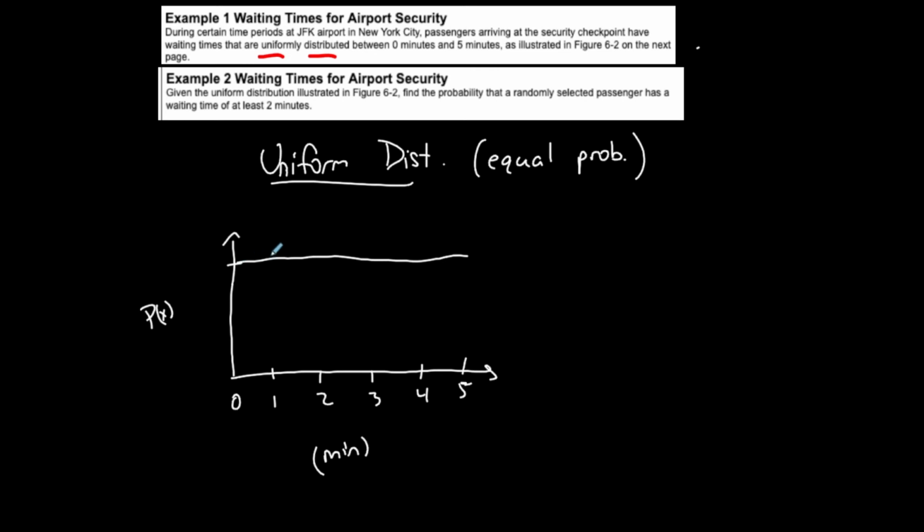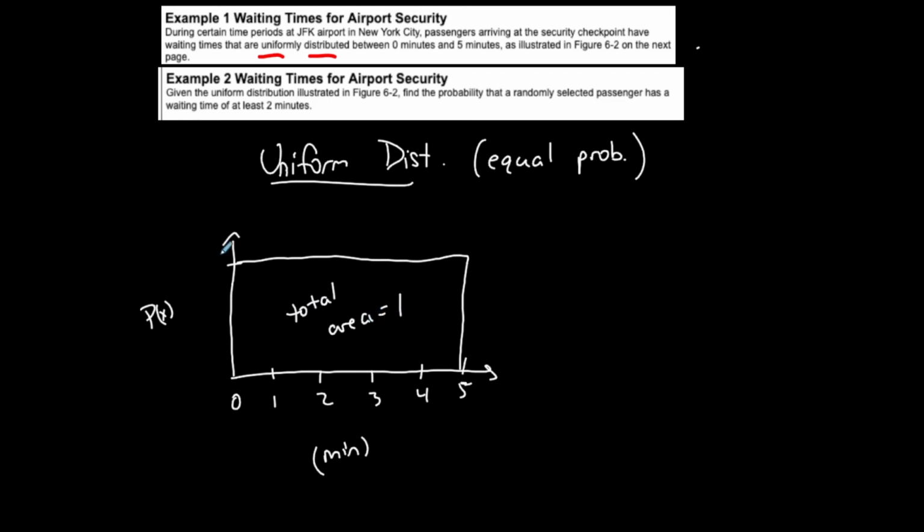So if I draw this, it looks like a rectangle. These are the outcomes, and these are their corresponding probabilities. So I'm showing a continuous probability distribution, and it's graphed. Before we did tables, but this is a graph because it's continuous. I can't list all the possible outcomes because I'm including everything in between as well. Now I want you to remember that the total area under this curve is equal to 1.